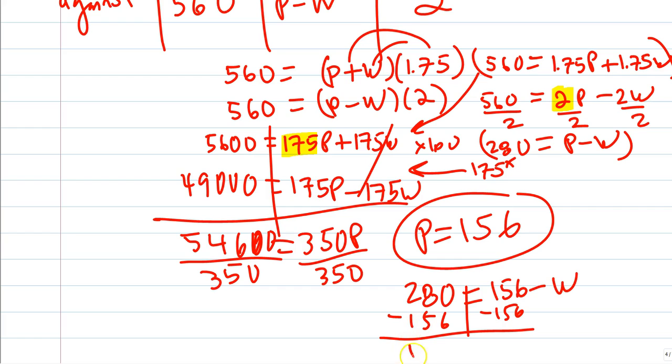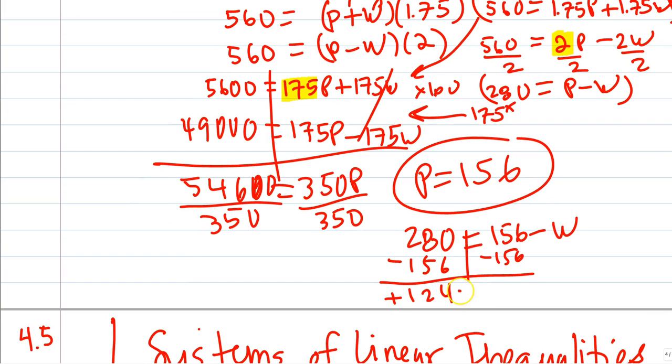How about 124? Negative? No, positive 124 is equal to negative W. So the wind must be blowing negative 124. So 124 miles against.